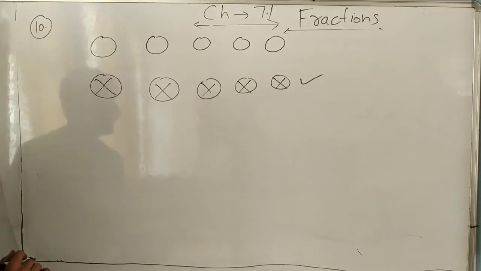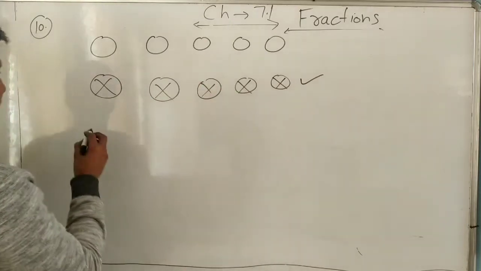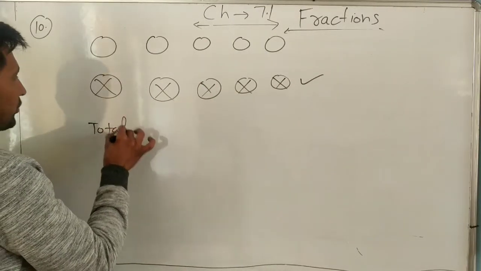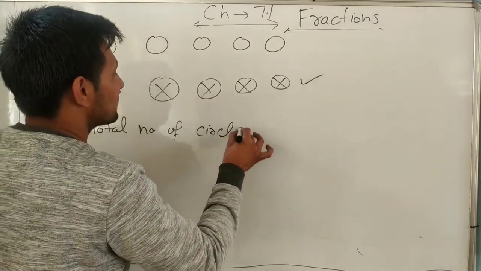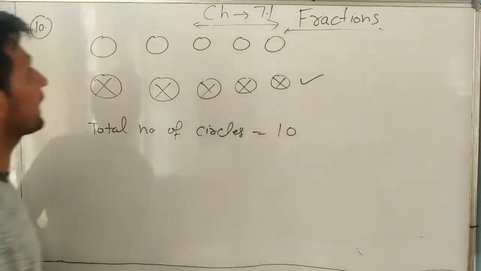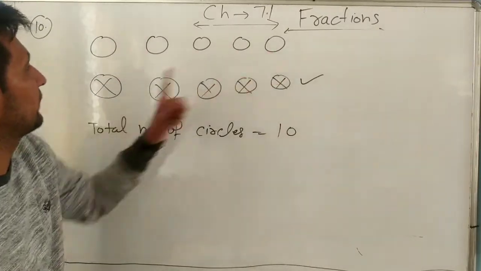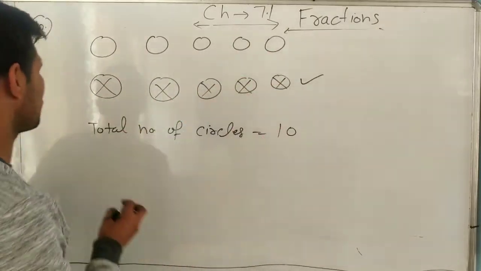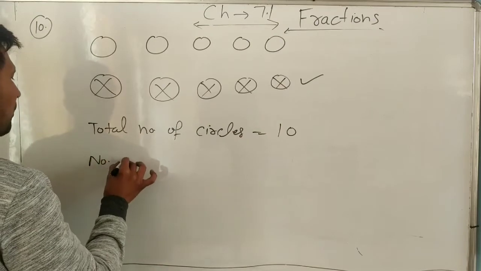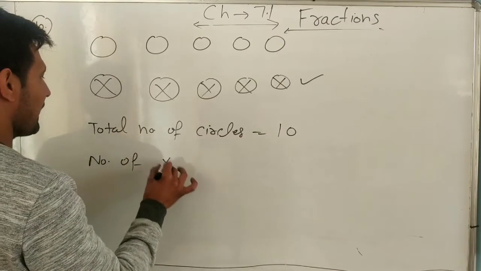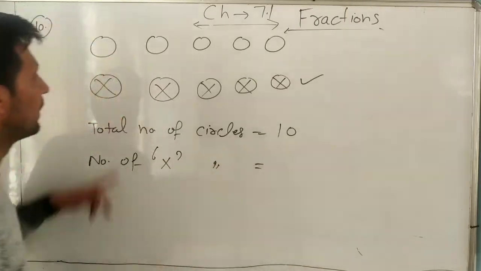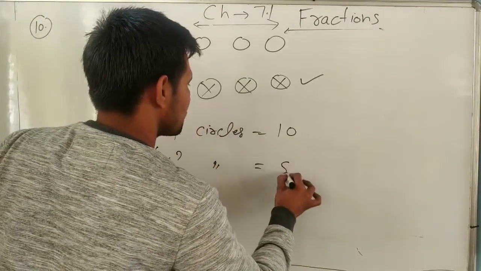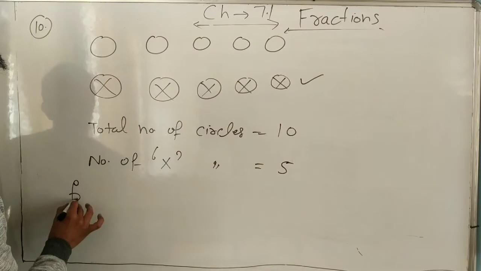How many x are there? 1, 2, 3. So write the total number of circles. How many circles? Total circles are 10, 1, 2, 3, 4, 5, 6, 7, 8, 9, 10. So write the number of x circles. How many x circles? 1, 2, 3, 4, 5 circles.